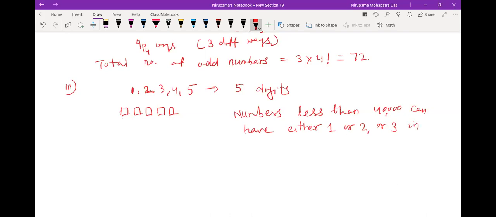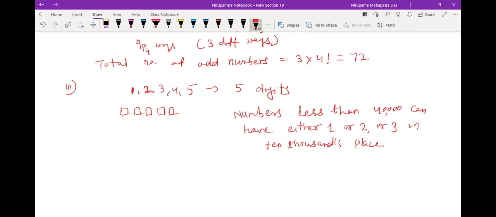Here you need the 10,000 place. So it can have 1, 2 or 3, because if you write 4 here and again you can have any number, it will be more than 40,000.